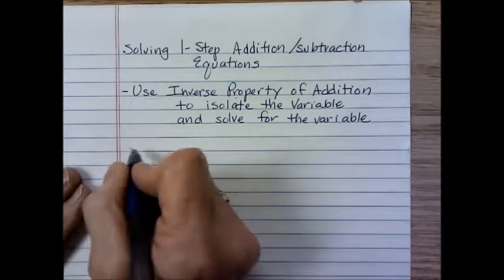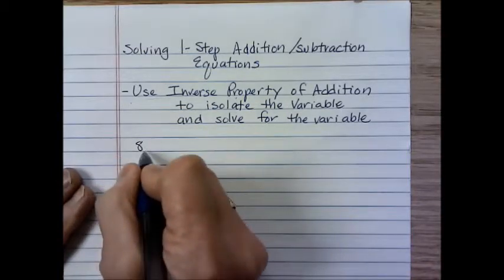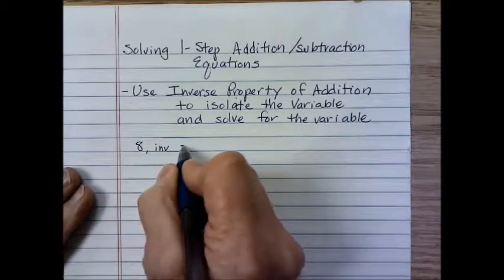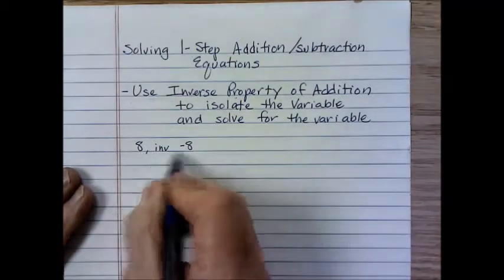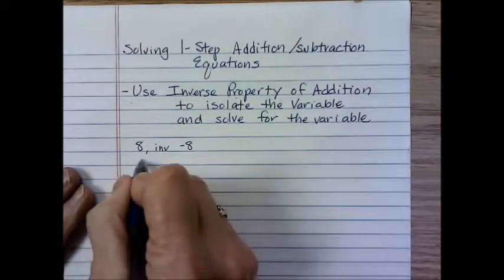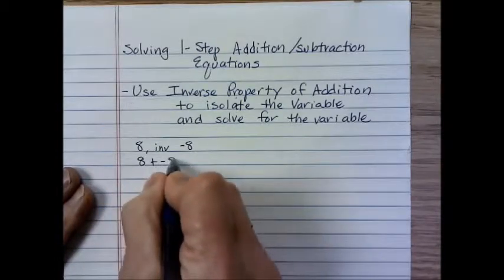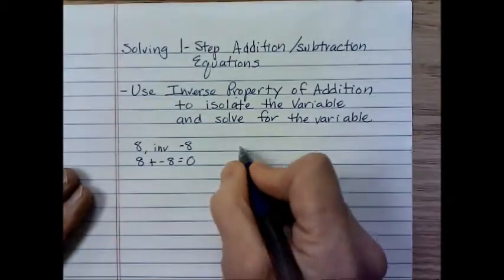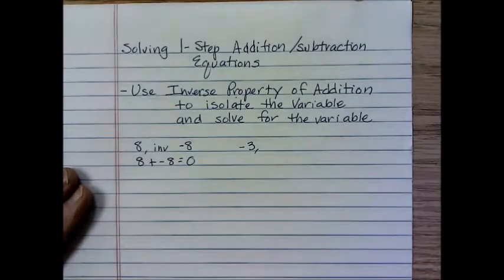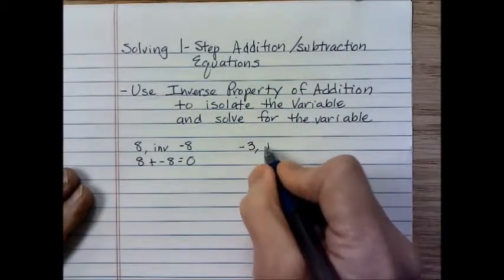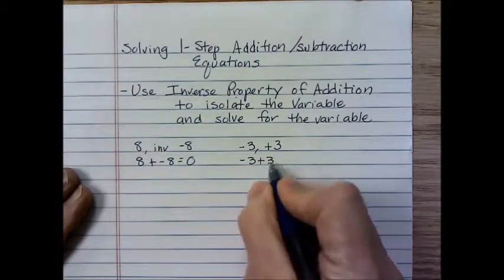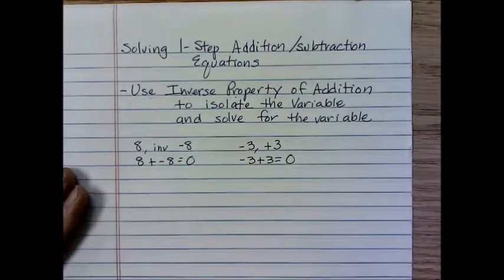If I have the integer 8, the inverse of 8 would be negative 8. What this means is this is the additive inverse. If I do 8 plus negative 8, they're going to equal 0. If I have negative 3, the inverse of negative 3 would be positive 3, because negative 3 plus 3 equals 0.